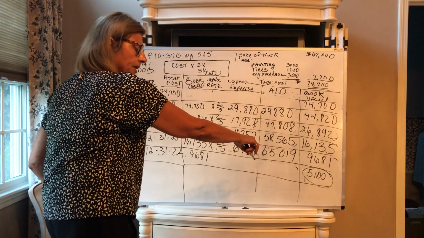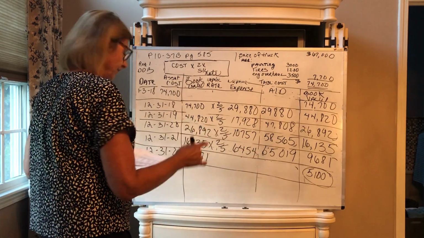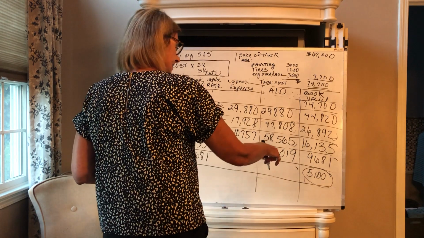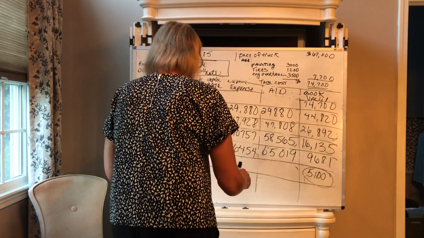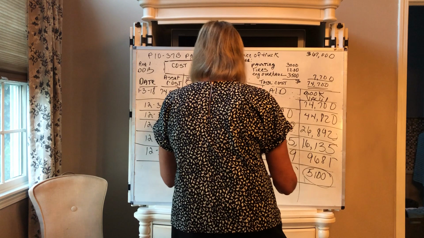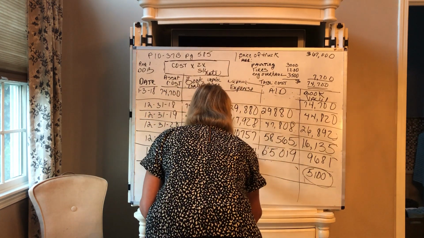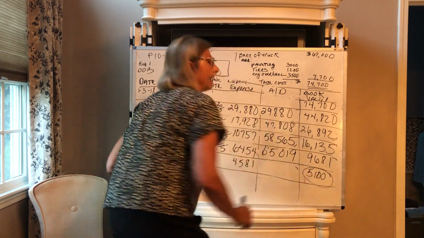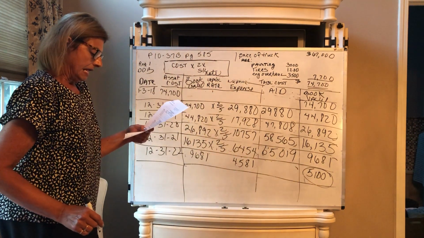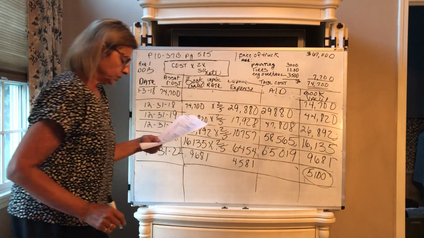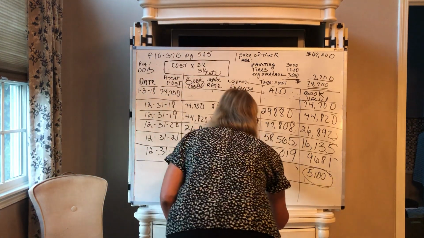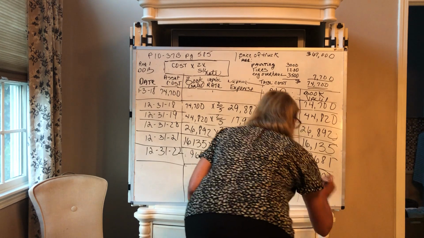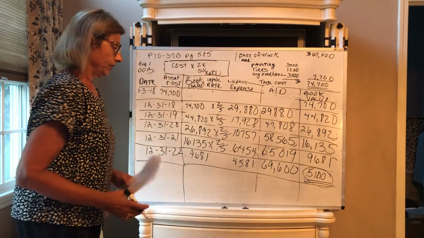We know we can only depreciate up to the 5,100, so that would mean it would be 9,681 minus 5,100. It would be depreciation expense 4,581. That's all we can take. That means accumulated would come up to 69,600, just like the other two. And here's our end, 5,100.